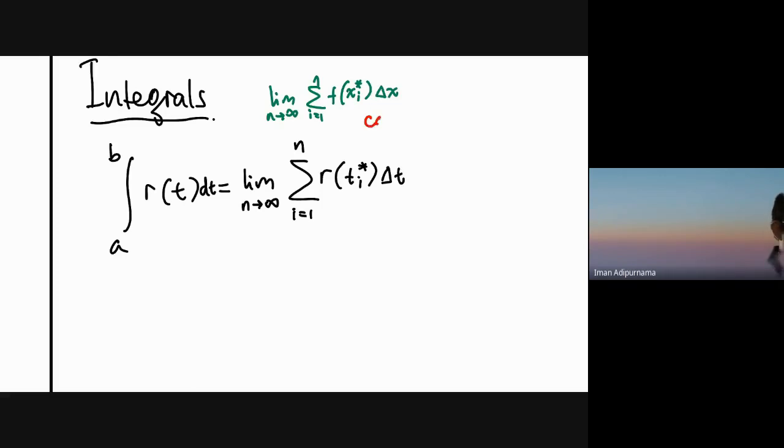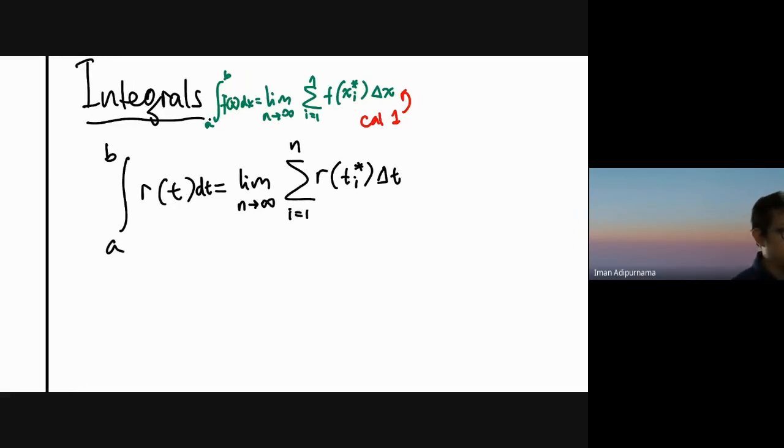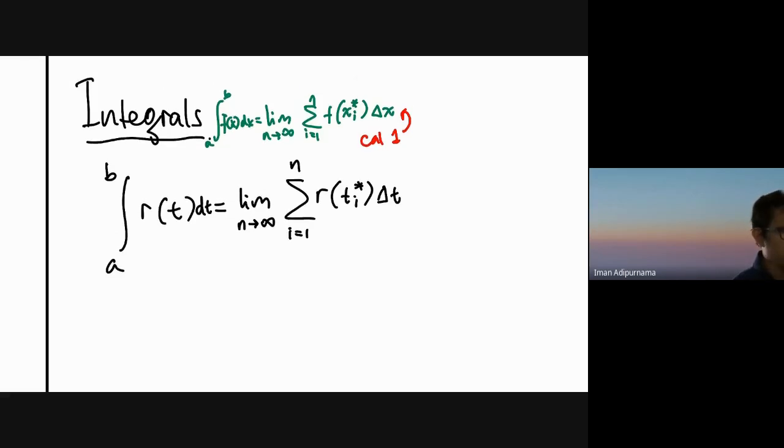This is the calculus 1 version, the integral from a to b of f(x) dx. Now you need to exchange f with r, and delta x with delta t.